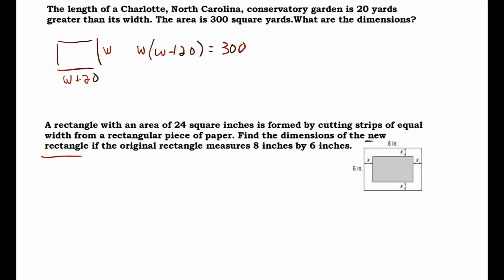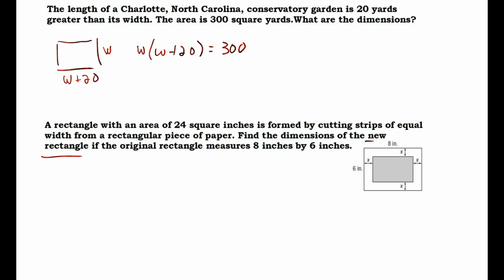Now this concept, everybody, you will have to know for your test. You'll need to know it for your conceptual problems, and for the future. So I know that a rectangle with an area of 24 inches is formed by cutting strips of equal width from a rectangular piece of paper.